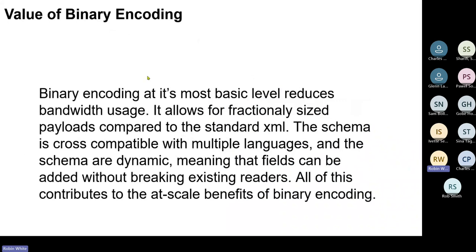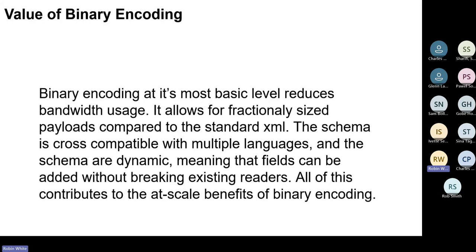Here's where we get into some of this. The value of this broadly, as I mentioned, is going to be at scale. When you use binary encoding, it's a reduction of bandwidth usage, first and foremost. It is fractional for the payloads compared to standard XML, and the schema can be cross-compatible with Java, Python, Go.